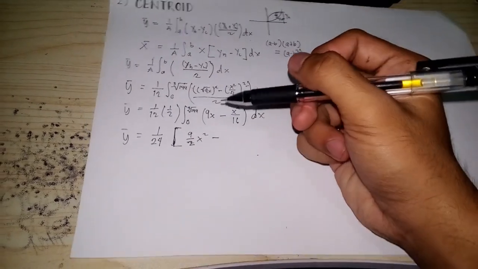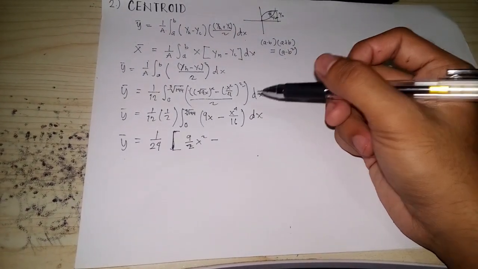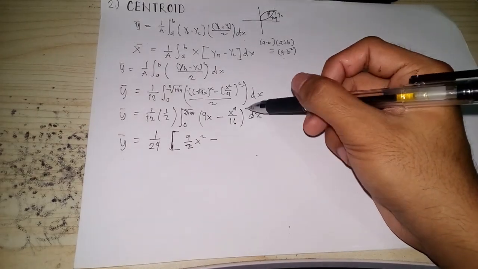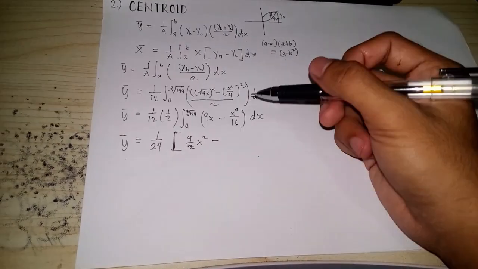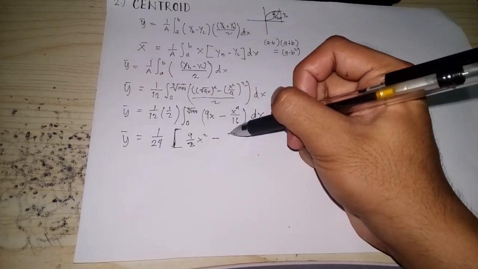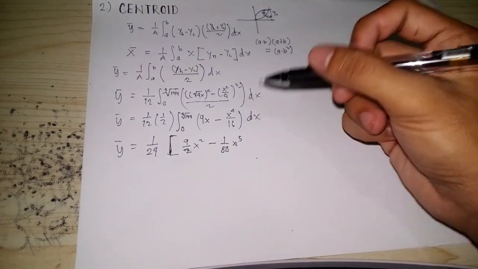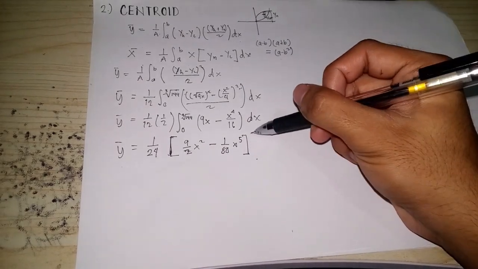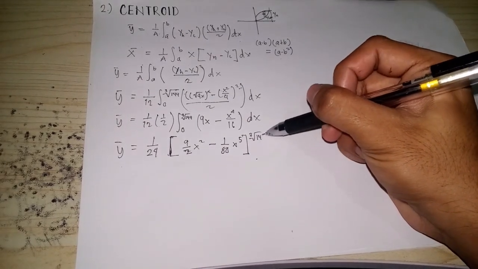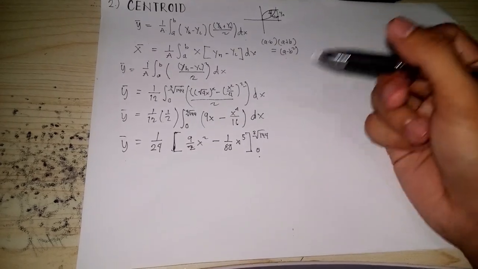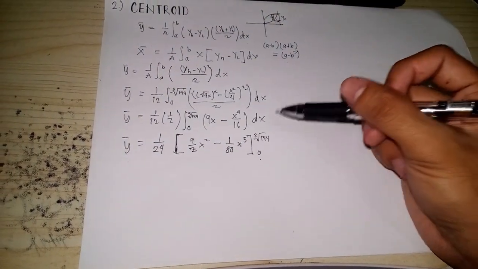Then this will become 16, so 1 over 16 times 1 over 5, which is equal to 1 over 80 x raised to 5. Then the limit is from 0 to cube root of 144.